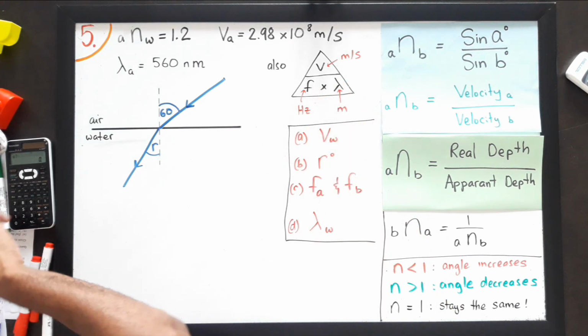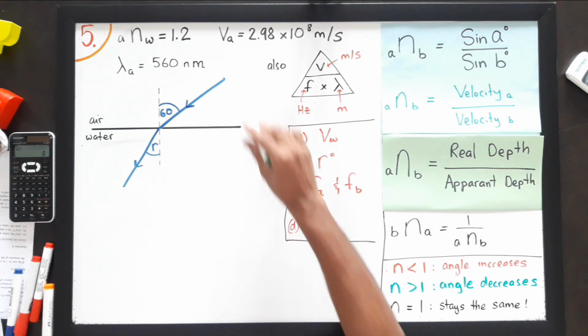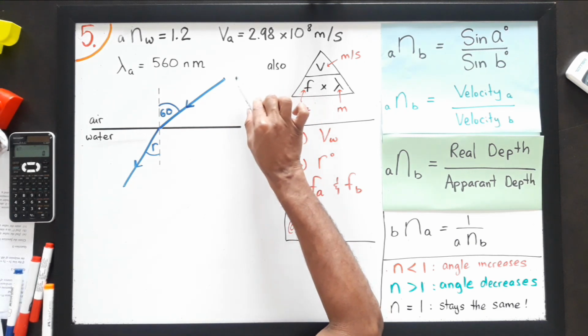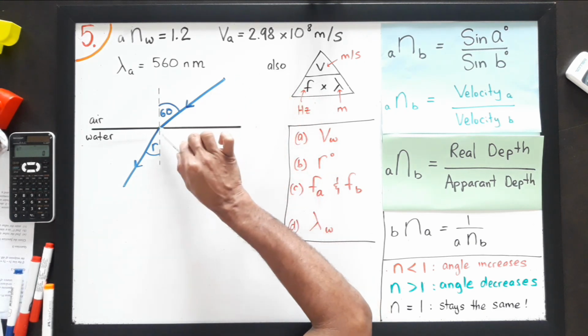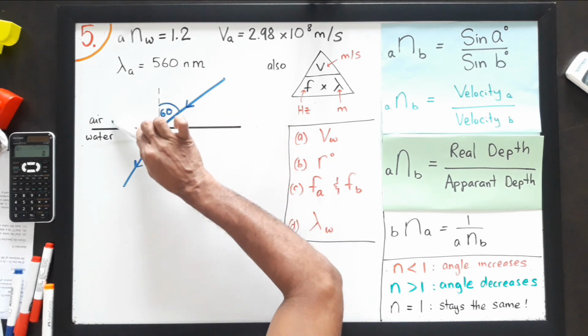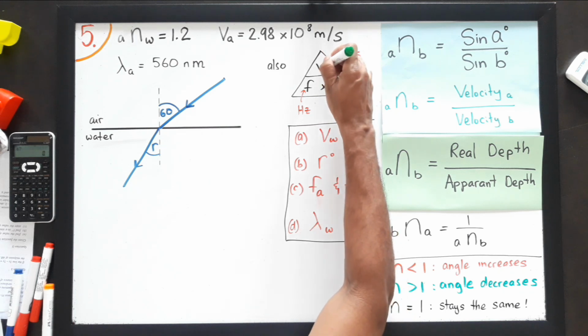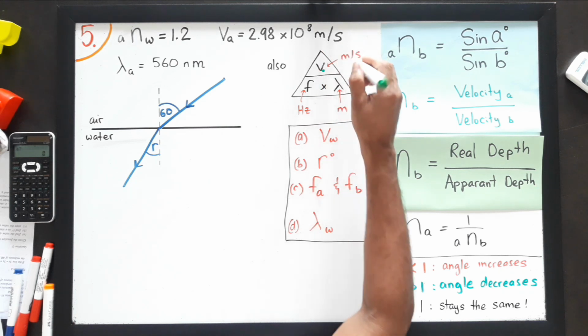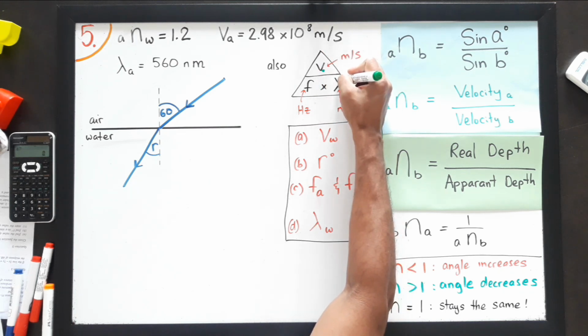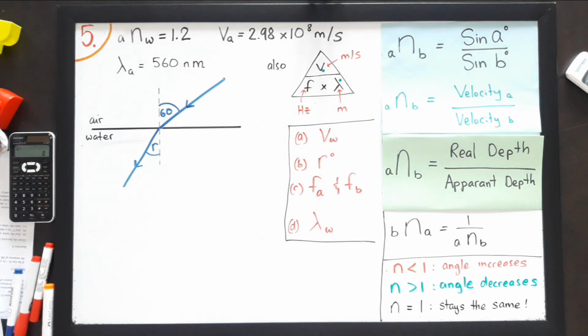Now here's the thing. Whenever a wave is moving from one substance into another substance, from one medium into the next medium, like from air to water, the velocity can be expected to change. The wavelength can be expected to change. The only thing that remains the same is the frequency.